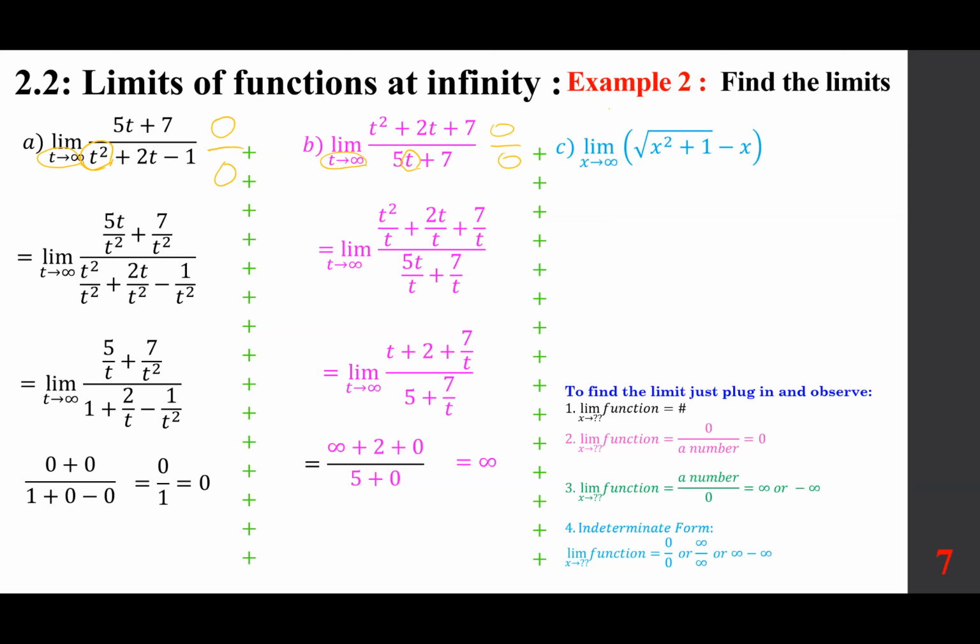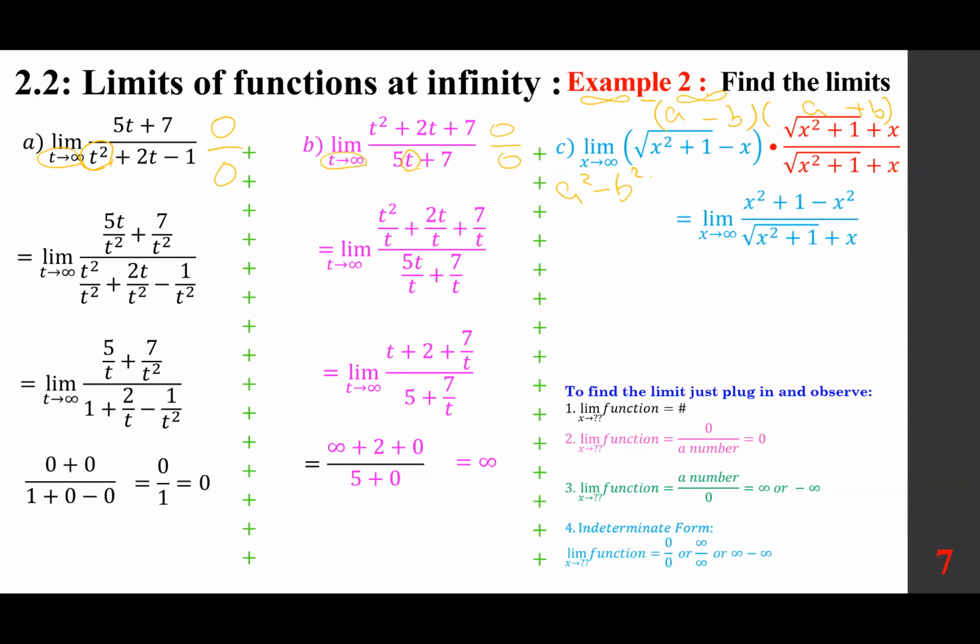For part C, if you plug in, you get infinity minus infinity. The technique is to multiply by the conjugate and divide by it. So when you do that, it's important to know you're dealing with A minus B times A plus B, and the result is A squared minus B squared, meaning the square root comes out, becomes x squared plus 1, and then minus x squared.